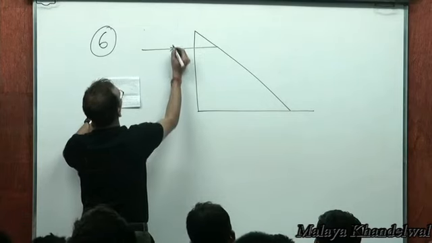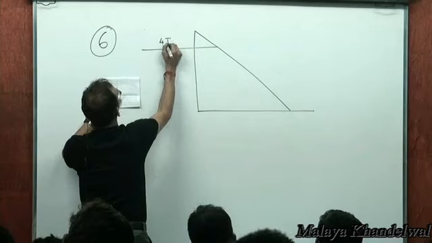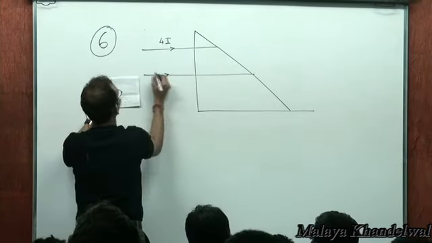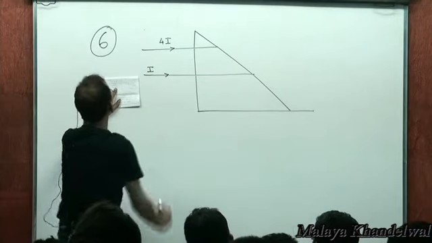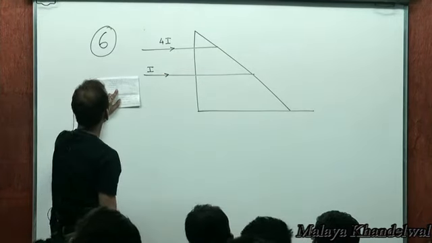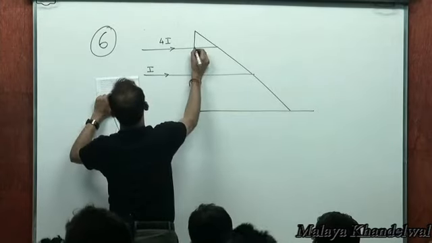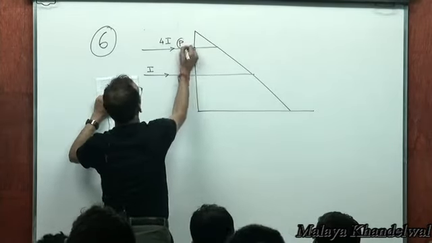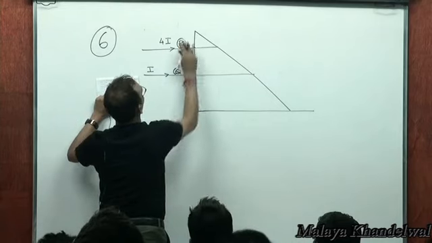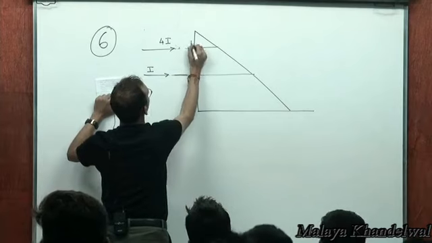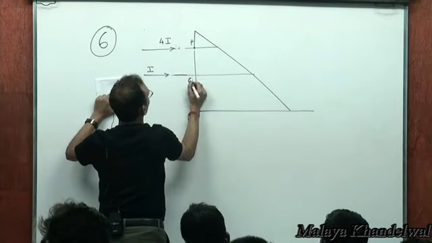If the intensity of the upper beam is 4I and the intensity of the lower beam is I, and their points of incidence, let's say, are referred to as P and Q, or we might as well use this to label these points P and Q.